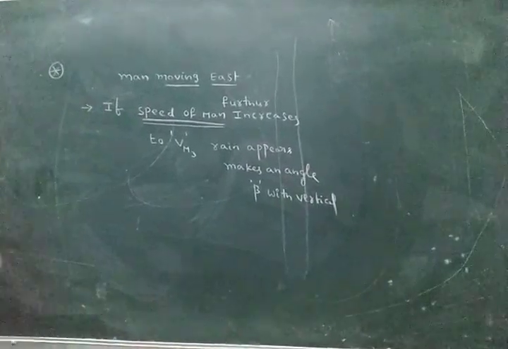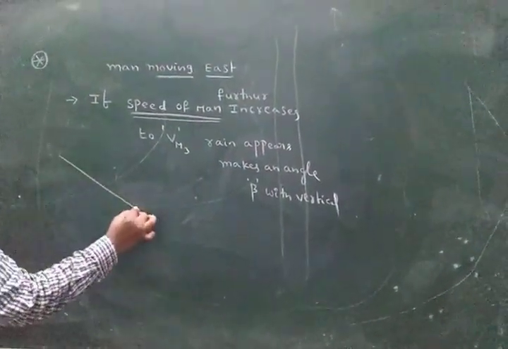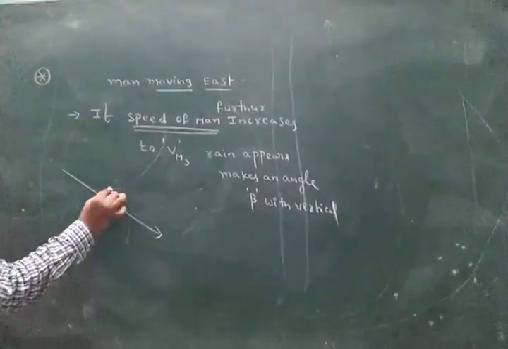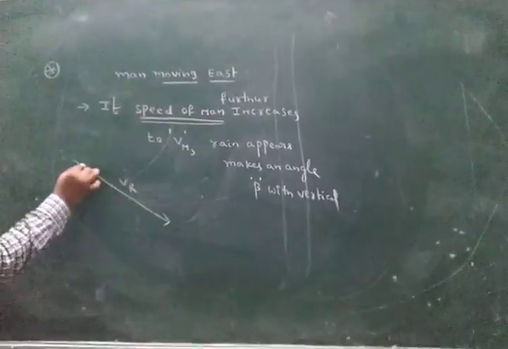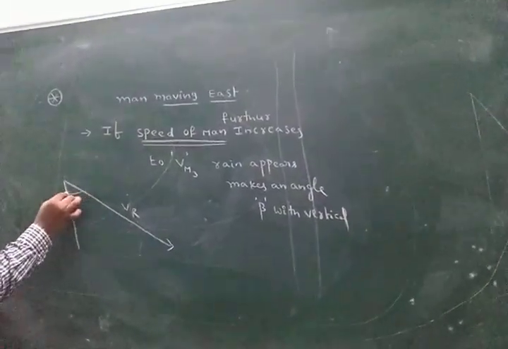Okay, look here. Actually, according to the question, rain falling makes an angle theta with the vertical. This is the actual rain.